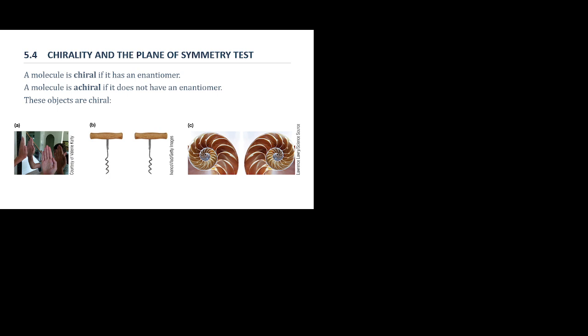Literally, chiral, do you know what chirality stands for? What that word actually means? Hand. Is it handedness? Okay. A molecule is going to be chiral if it has an enantiomer. If you can make a mirror image that cannot be superimposed, literally exactly like your hands, right?